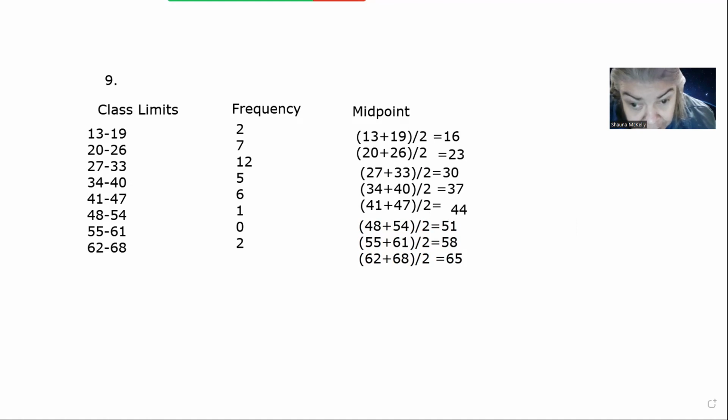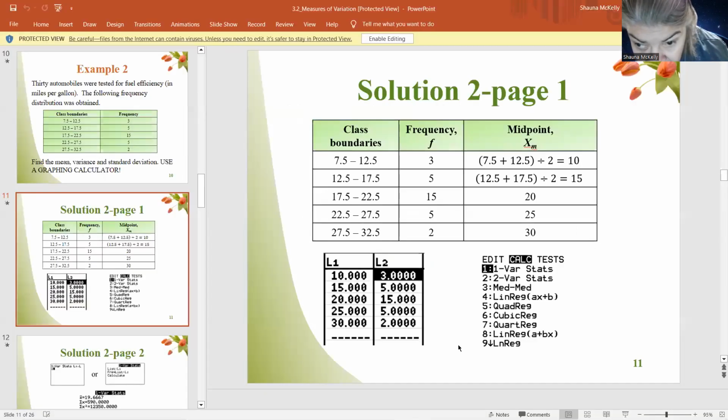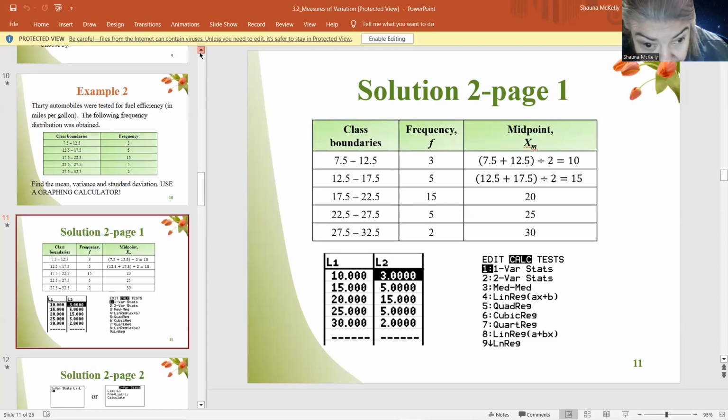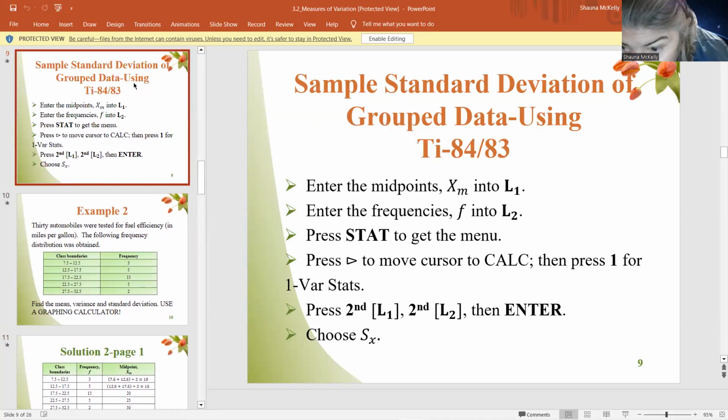So I'm going to show you that in the slides one more time. She said to put the, let me roll back one slide here. Two slides actually. On slide number 9, enter the midpoints into L1, enter the frequencies into L2, then do your stuff with the calculator.